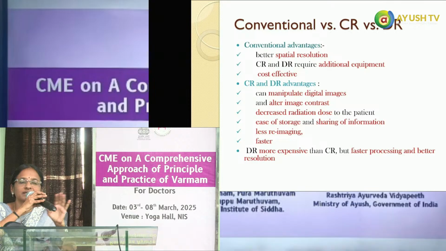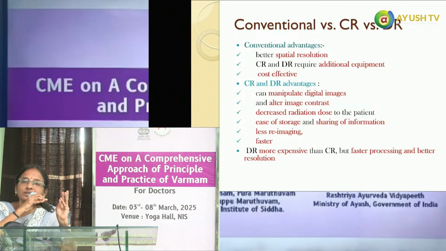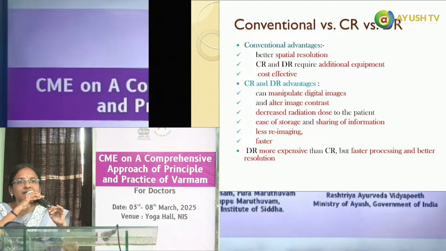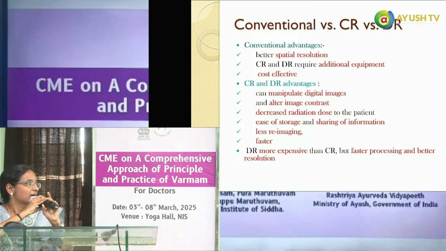And of course, it is fast. As technology increases, the time of the investigation will be lesser, so it will be faster than a conventional X-ray. What is the difference between CR and DR? DR is very expensive, and the two advantages of DR over CR are that its X-ray is faster.